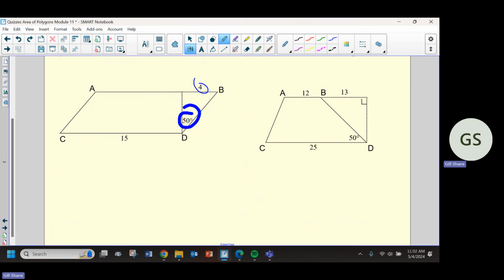I only have one side of that right triangle, and they gave me an angle, which they probably wouldn't do unless I'm going to use that angle somehow.